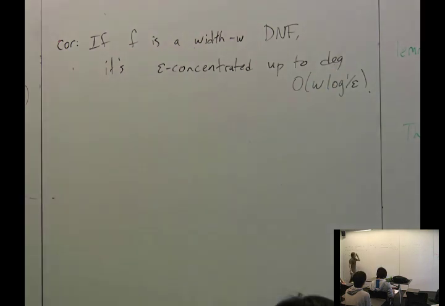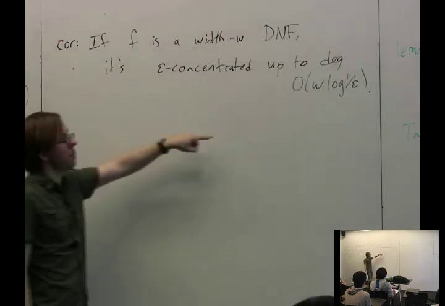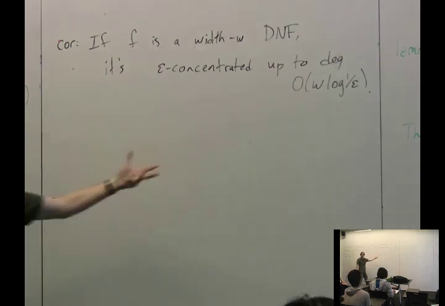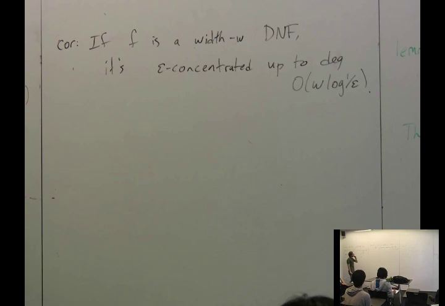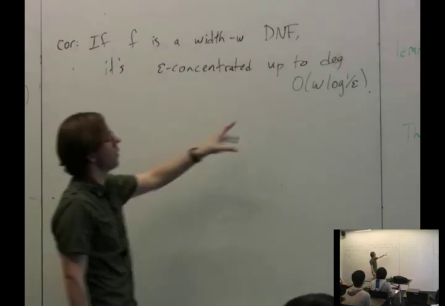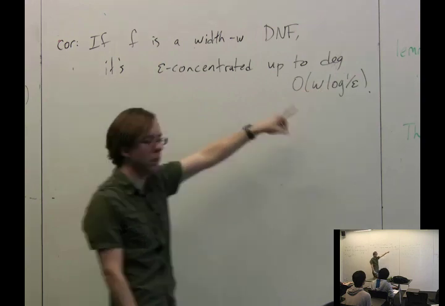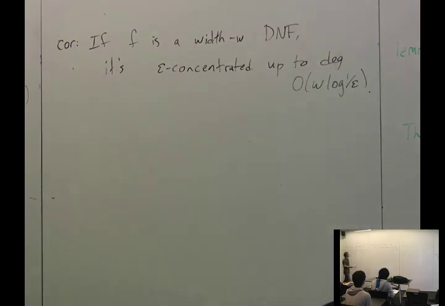Last time, the only bound we got was w over epsilon. That was because we observed that width w DNFs have total influence at most 2w. So by this little Markov thing, epsilon concentrated up to 2w over epsilon. This gives an exponential improvement in epsilon.